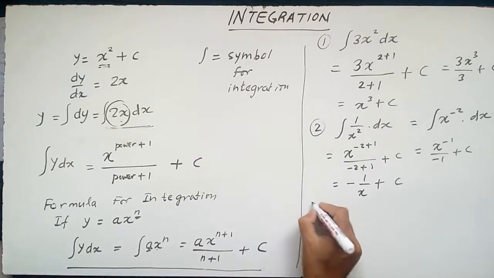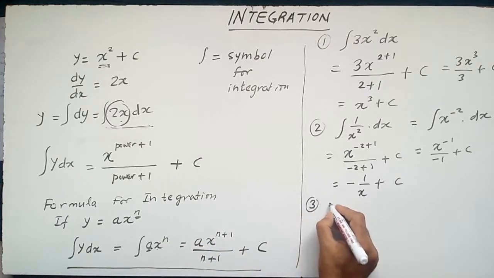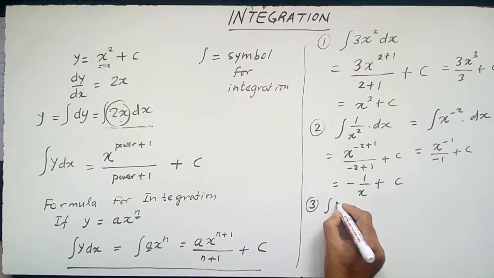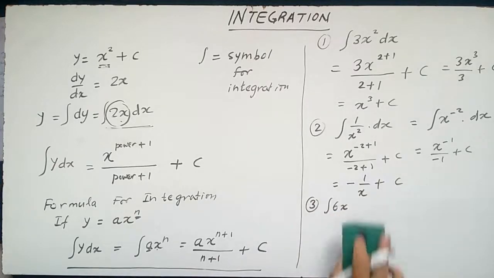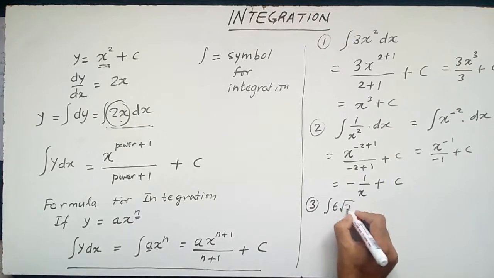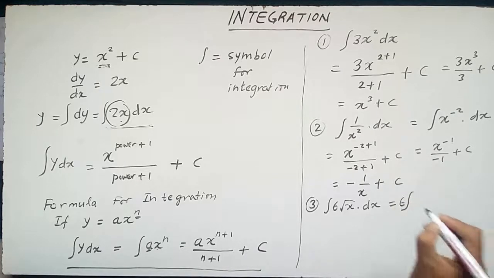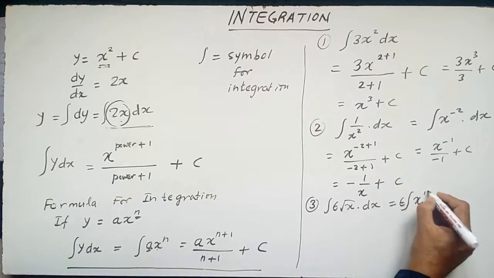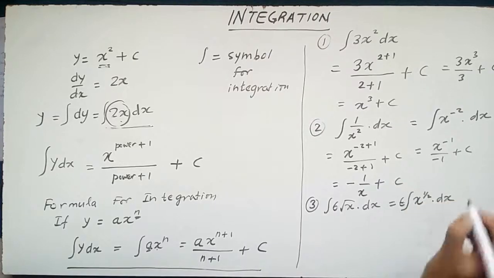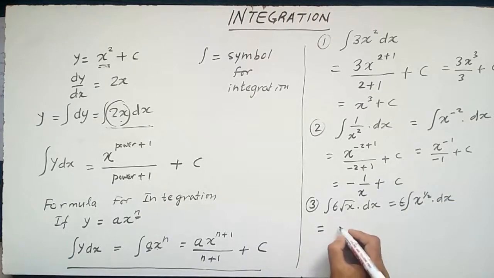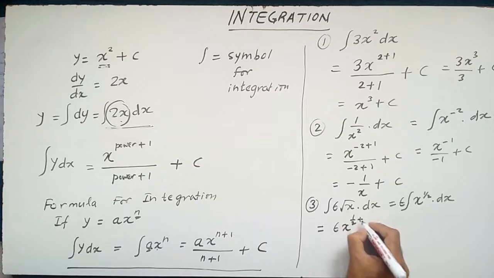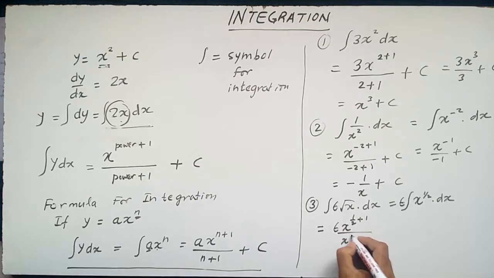Okay, let's take another example 3. Integration of 6 root x dx. Now we can write this as integration of 6, we can take outside the integral sign, and this can be written as x to the power half dx. Again, it's the same thing as before. We apply the formula for integration. 6x to the power half plus 1 upon half plus 1, and we add the constant of integration.